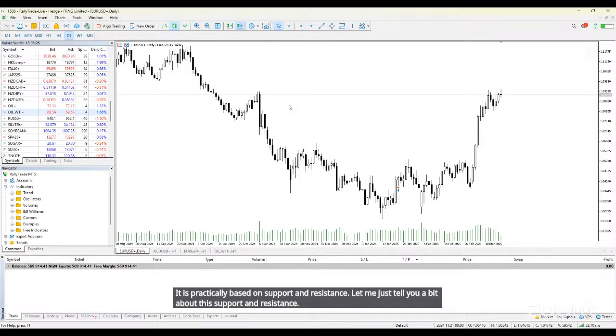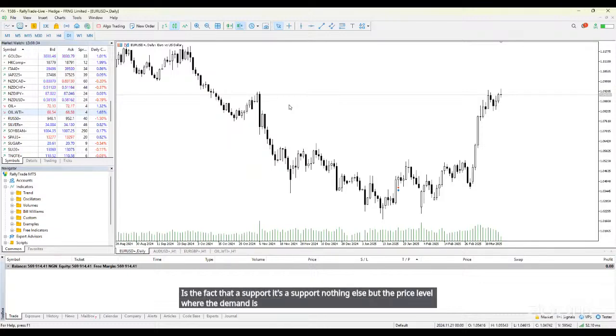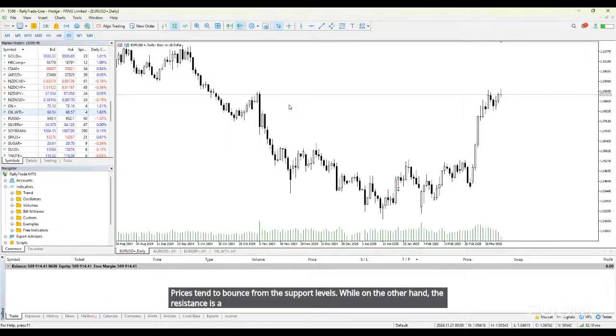A support is nothing else but a price level where the demand is strong enough to prevent further declines. Prices tend to bounce from the support levels, while the resistance is a price level where the supply is strong enough to hold further increases.